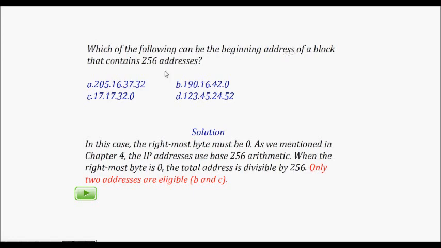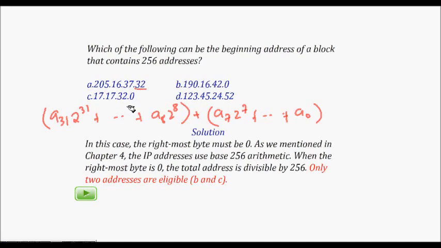Now it says, which of the following can be the beginning address of a block that contains 256 addresses? Again 256 is 2 to the power of 8. So A31 2 to the power of 31 plus up to A8 2 to the power of 8, till here everything is divisible by 2 to the power of 8. Then A7 2 to the power of 7 is just the last byte.